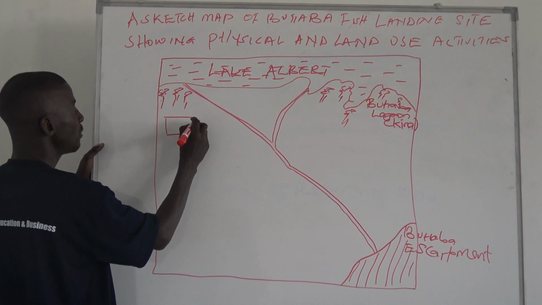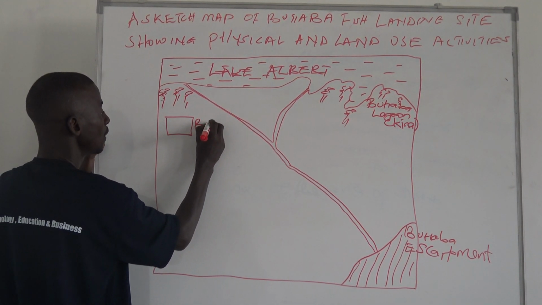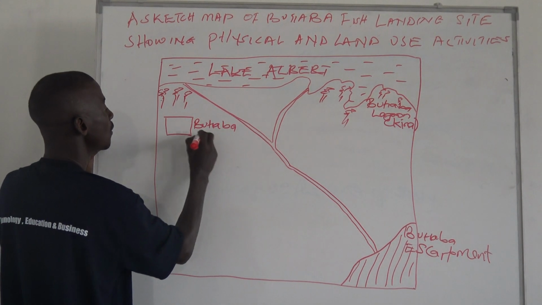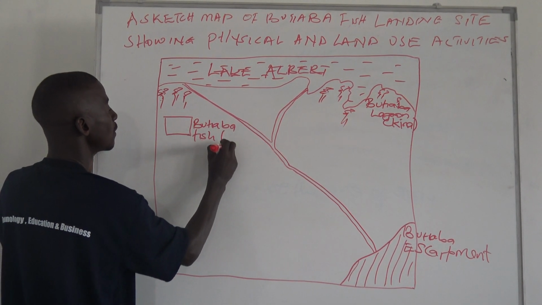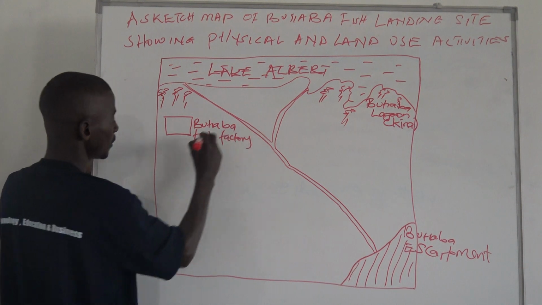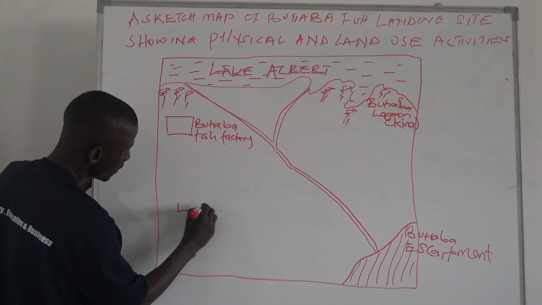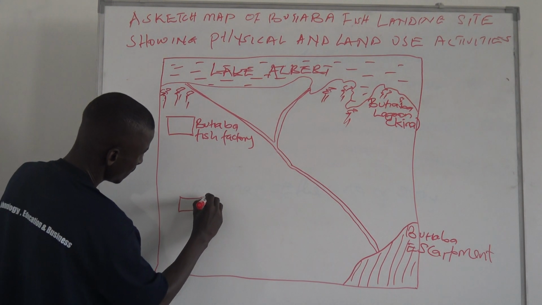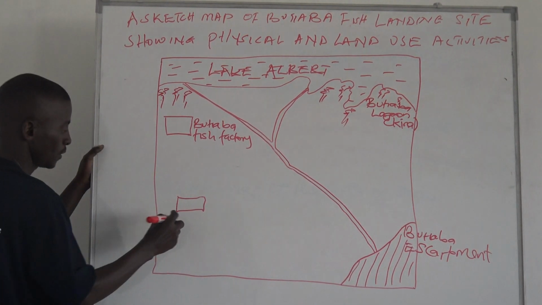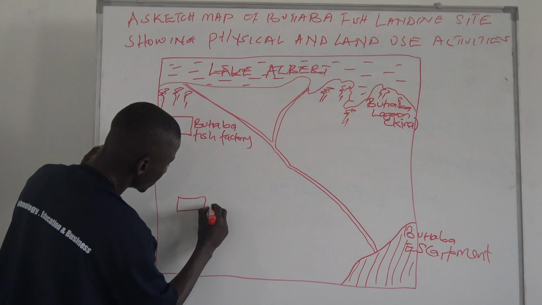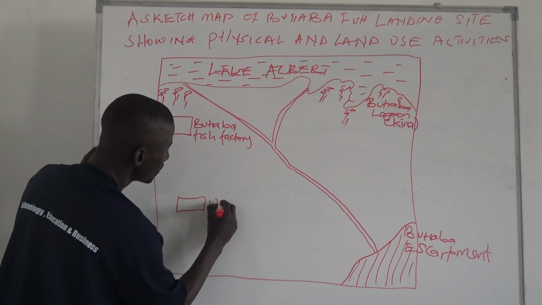It is called the Butiaba Fish Factory. We have a barracks around this area, Wantembo Barracks, that's its local name.